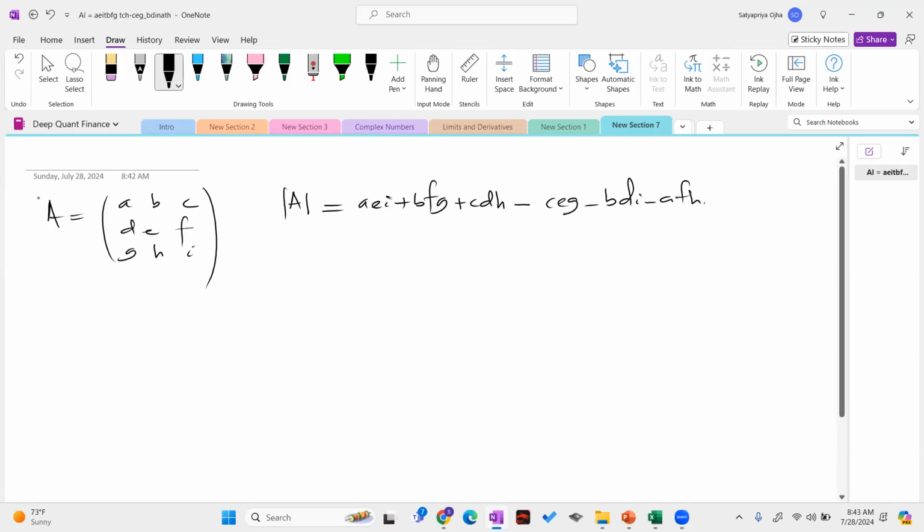This is the determinant, right? Typically, we just work with the first row and we get the expression. Today, let's work with the second row. Forget about A, B, C, just work with D, E, F, okay?